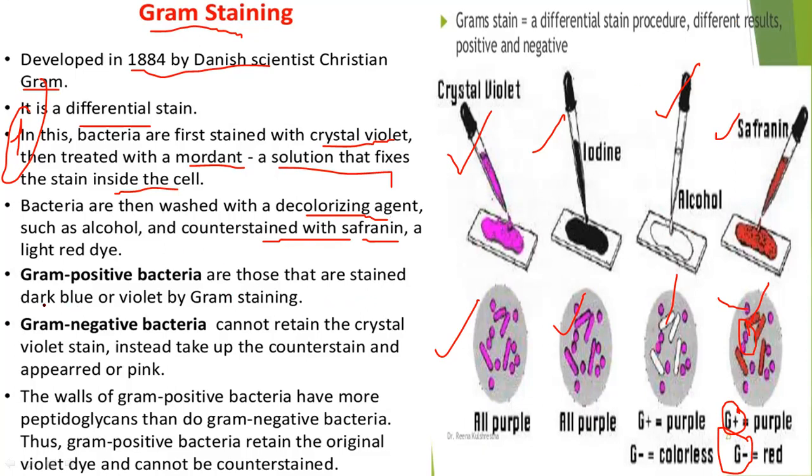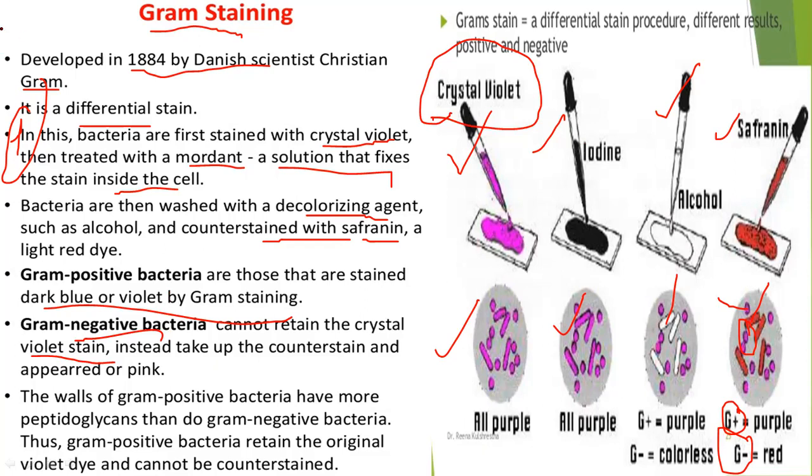Gram-positive bacteria stain dark blue or violet by gram staining, retaining the crystal violet, which is the important one. If they retain the crystal violet, they are positive. If not, they are negative. That is called gram-positive and gram-negative bacteria.